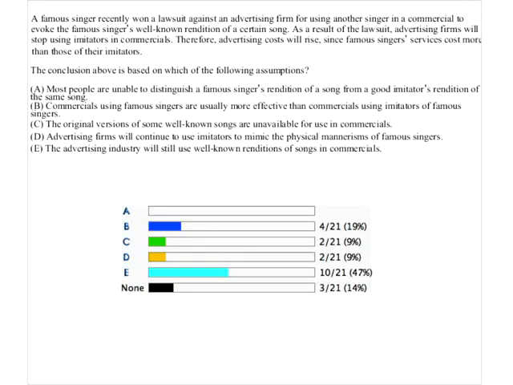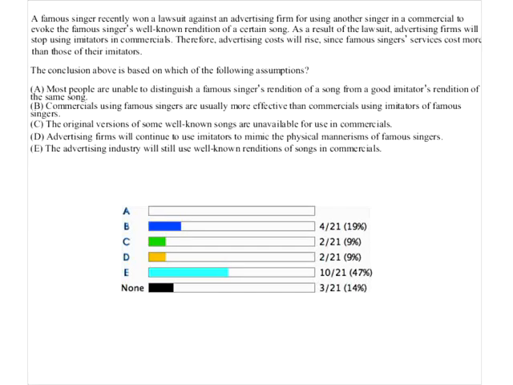So I'm going to copy and paste the problem. Let's see if we can figure this out. Not letting me copy and paste. All right.